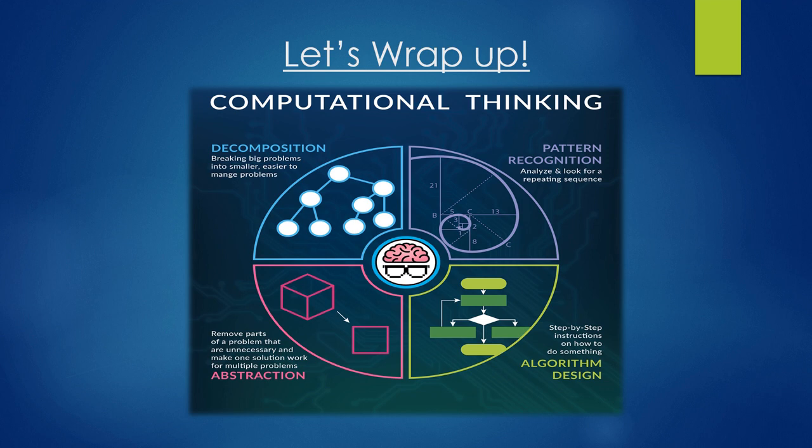Second is pattern recognition, when you analyze and look for the patterns or similarities between those broken pieces. Third one is abstraction, that removes the differences or variation. And the fourth one is the step-by-step instructions that we give the computer on how to solve a problem and to reach the desired result.